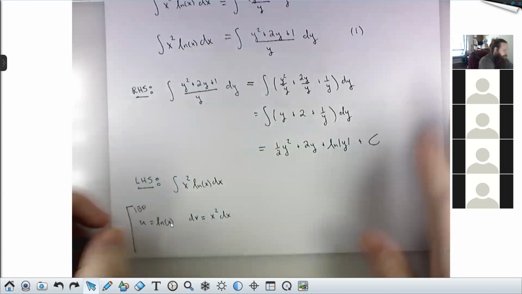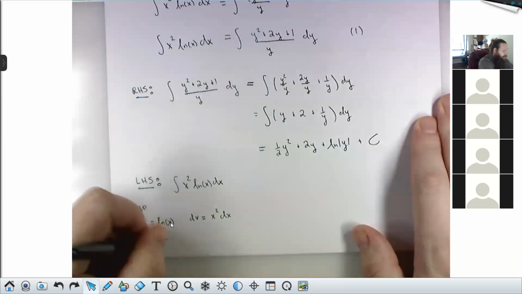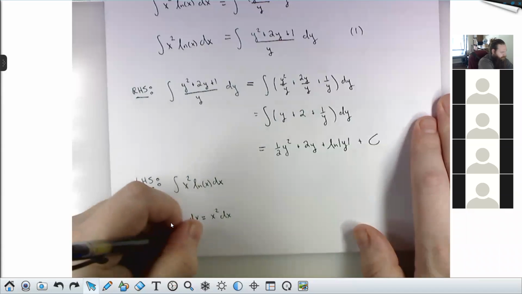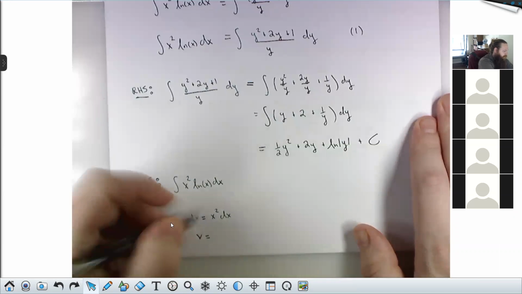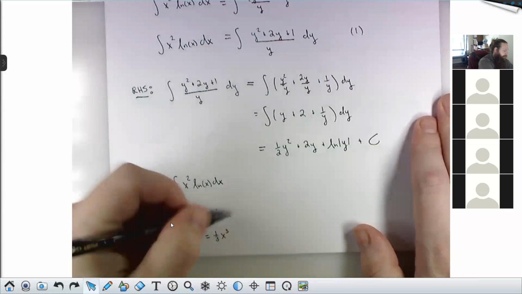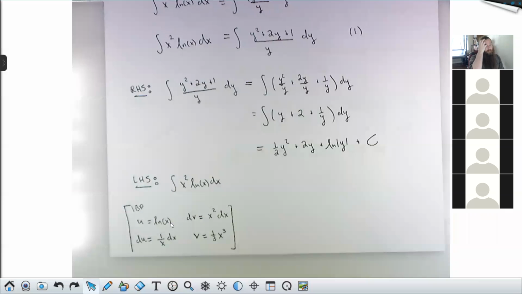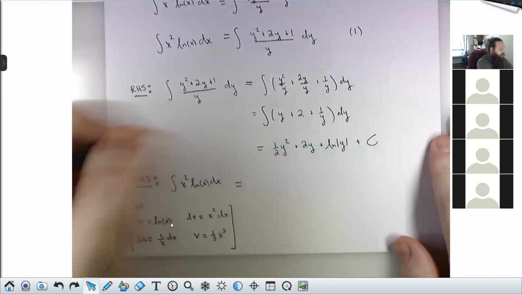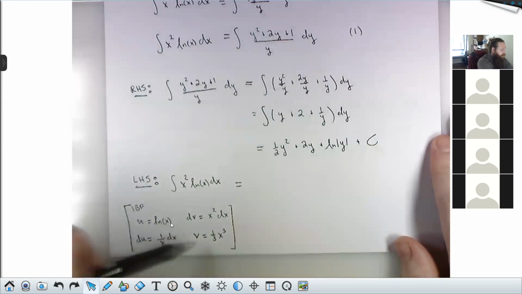We now complete the IBP table by calculating du from u. du is 1 over x dx, again writing the differentials. And we integrate on both sides to pass from dv to v. So this will be 1/3 x cubed. So that's my IBP table complete. And then I follow my integration by parts formula. It says the integral of u dv is always equal to u times v.